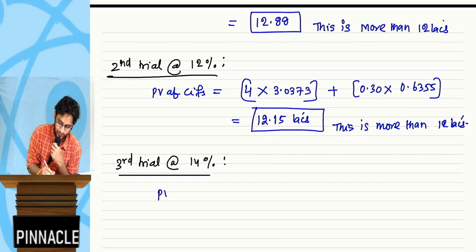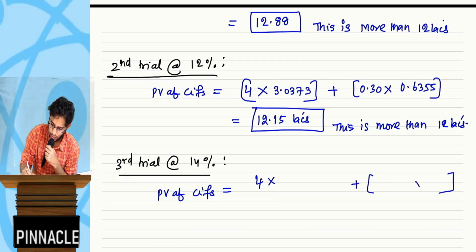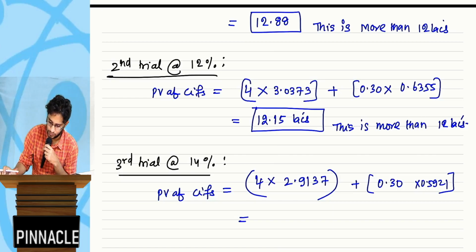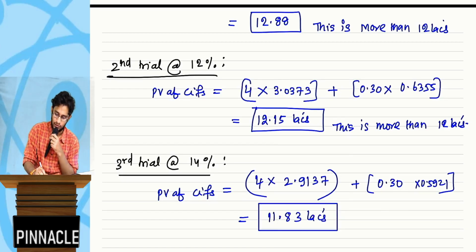This time it should come right. 4 into 1 divided by 1.14, 1, 2, 3, 4, 0.5921 and GT now. Oh God, at last. 11.83 lakhs.